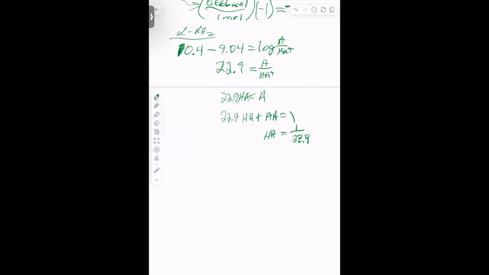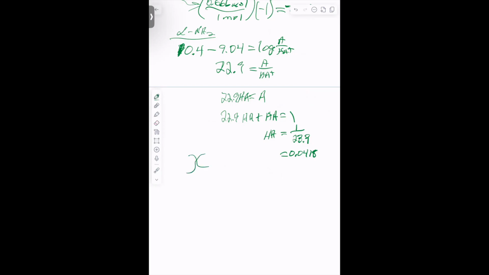And if I do that, whoops, hold on a minute. I hit a wrong button on my calculator. This is equal to 0.0418. So the number of moles of HA is pretty small, 0.0418.